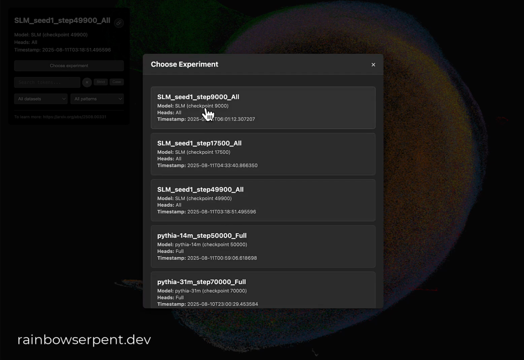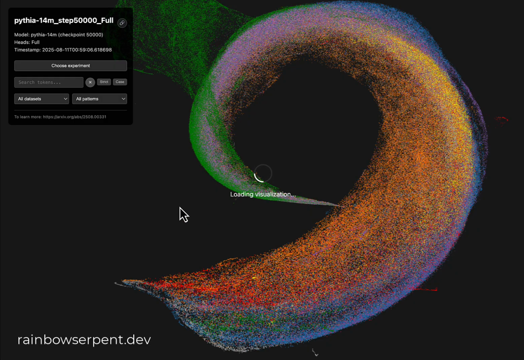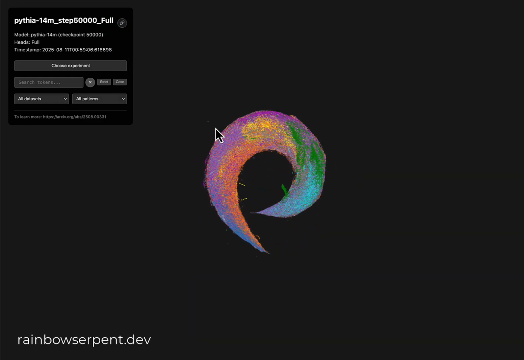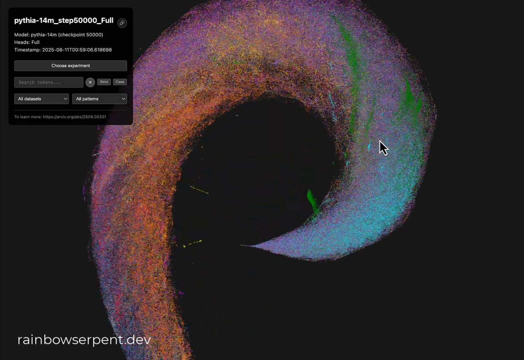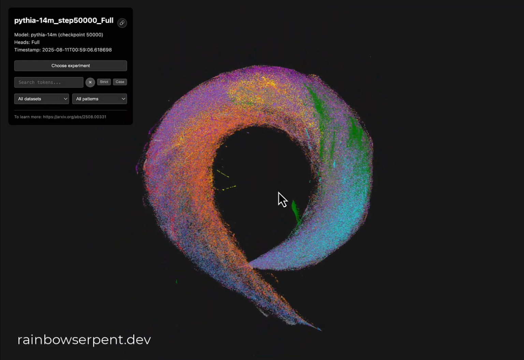So you can see here there's time steps for this model over training. We studied those in a recent paper. But I'm going to talk now about Pythia models, starting with the 14 million parameter model. Alright, so this is Pythia 14 million. You can see it's similar in some respects, but different in others.